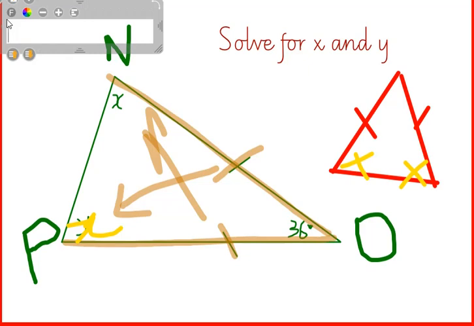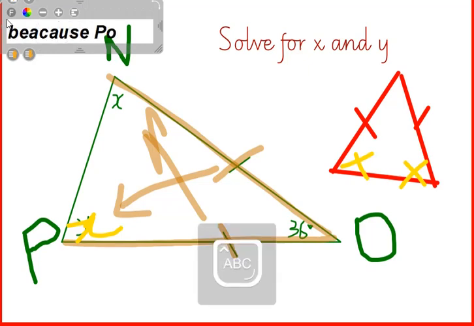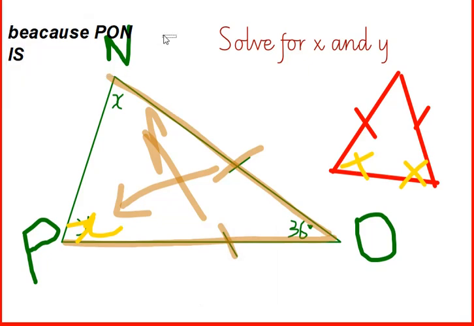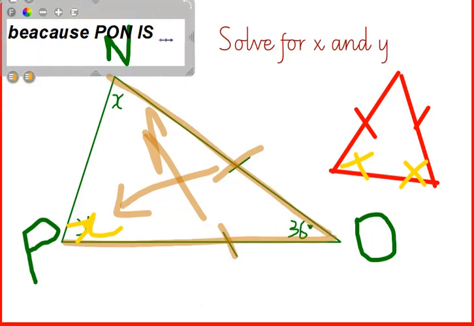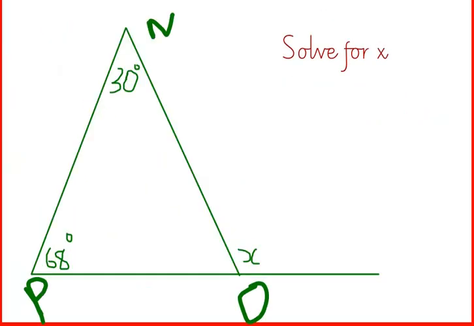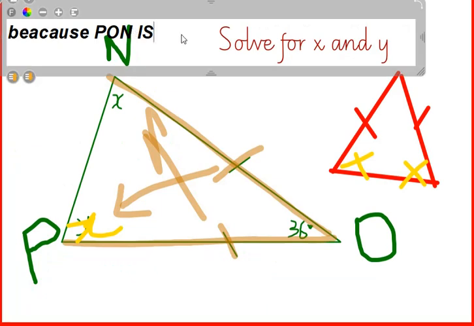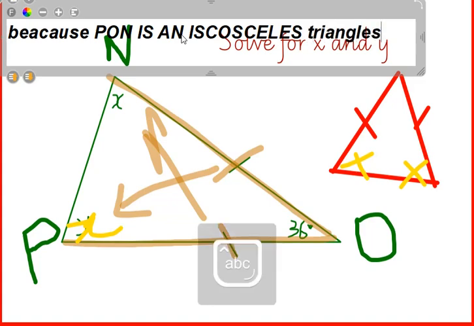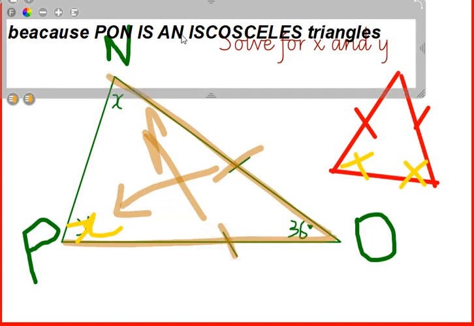Because PON is an isosceles triangle, that means x is equal to y.